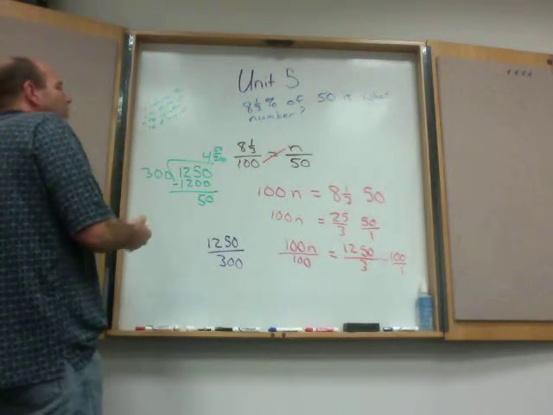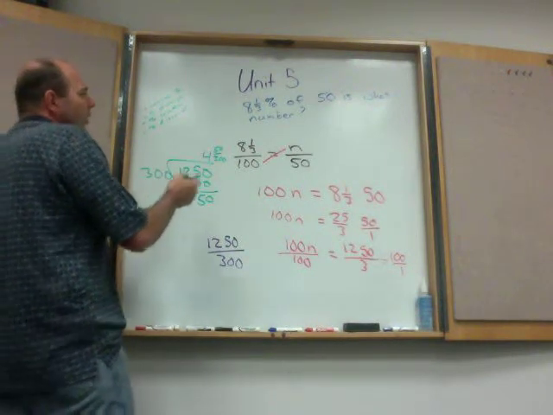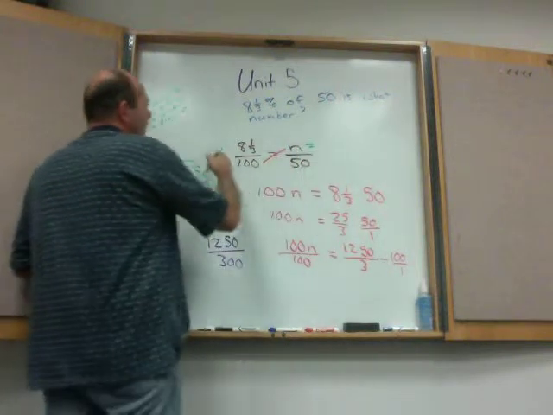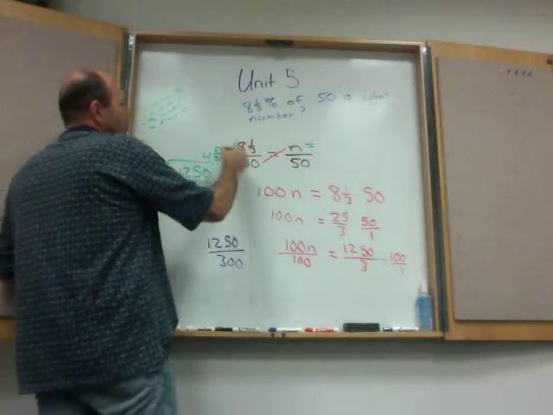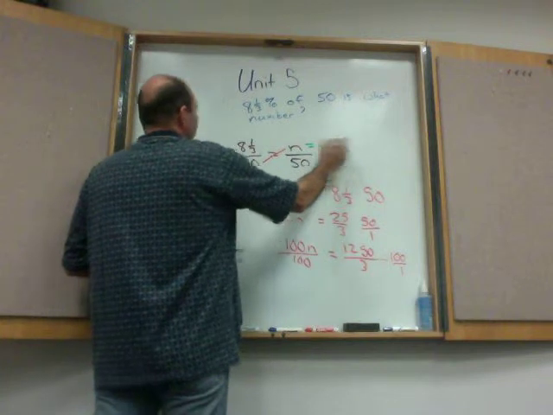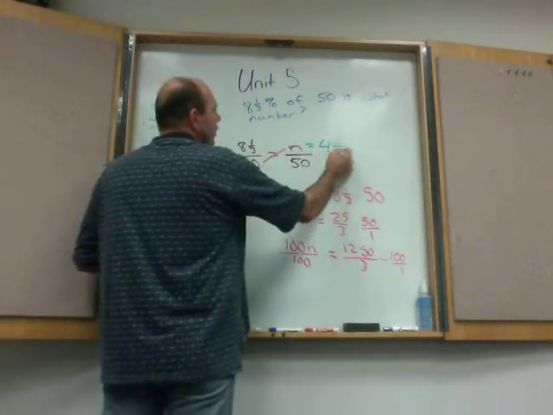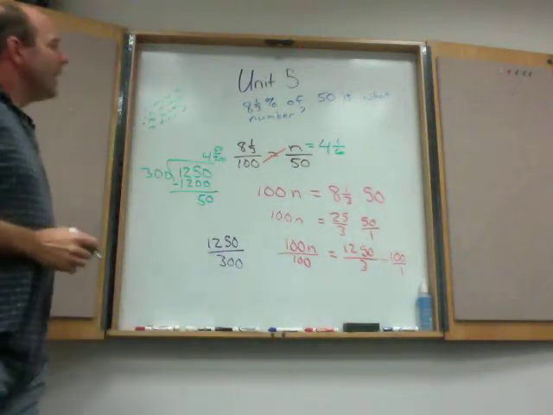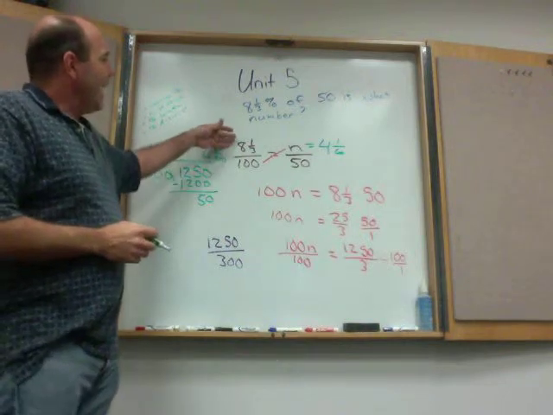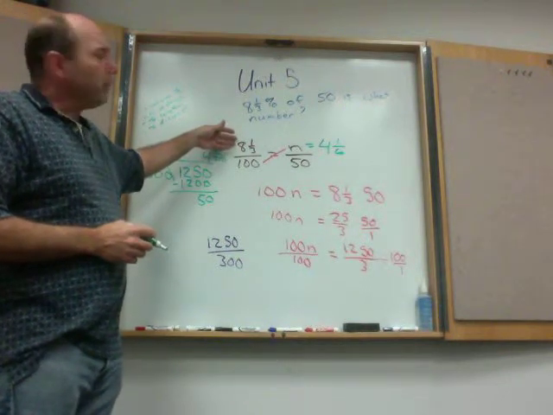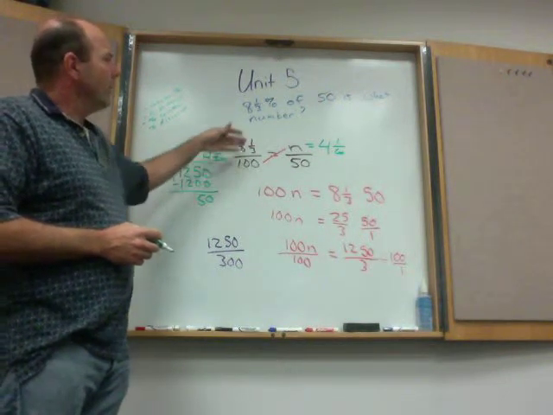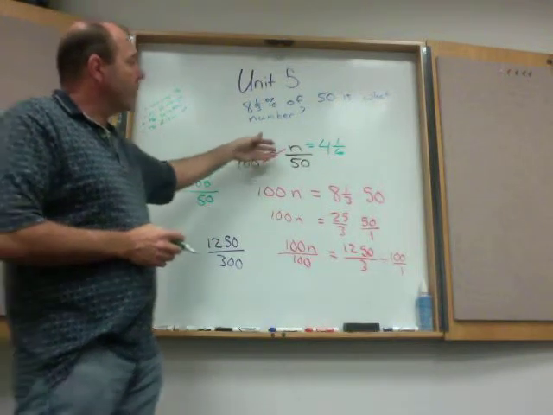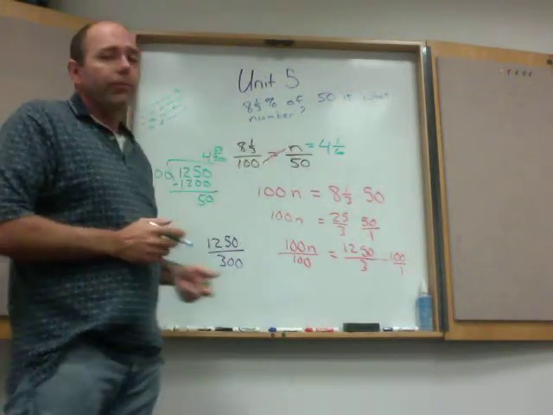I can divide them both by 50. And so my n is going to equal 1 over 6 after dividing by 50. So 8 1/3% of 50 would be 4 1/6.